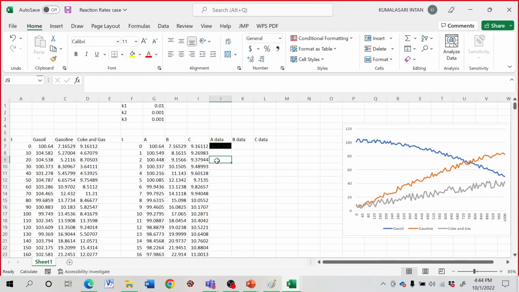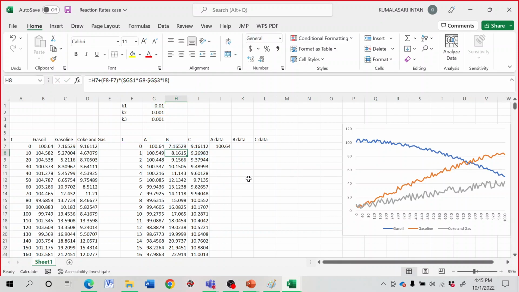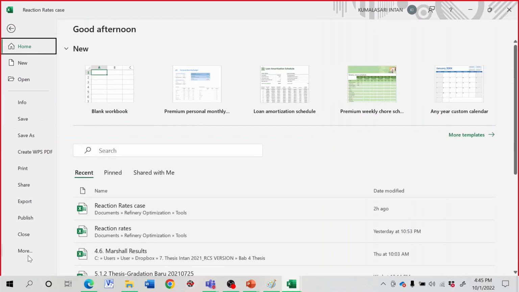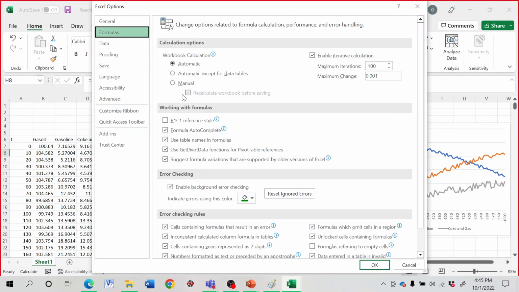I don't know what this is, but one thing I need to caution you is that because we are doing this, A depends on B and C, and then B is also dependent on A and C, and so on and so forth, so they are intermingling. Excel can solve this problem easily nowadays. You go to options, you go to formula, you enable iterative calculation.